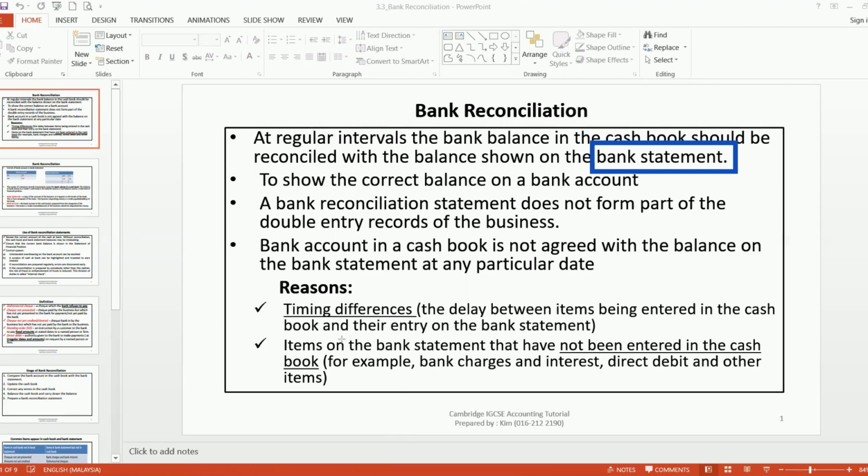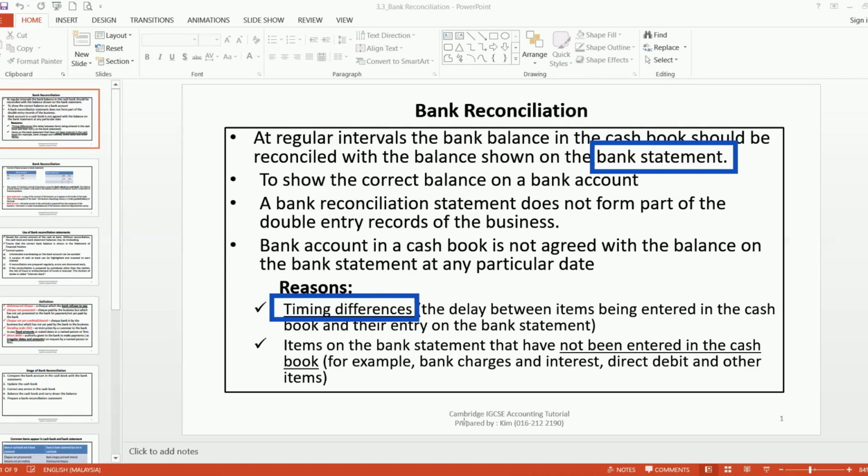Why is there a difference between the bank statement balance and the bank account balance? There are a few reasons. One common reason is timing difference. Timing difference refers to when the bank does the recording on the debit side or the credit side, depending on when the bank receives the document.